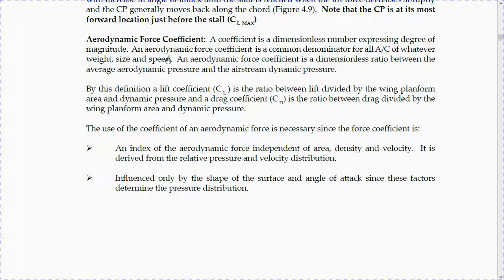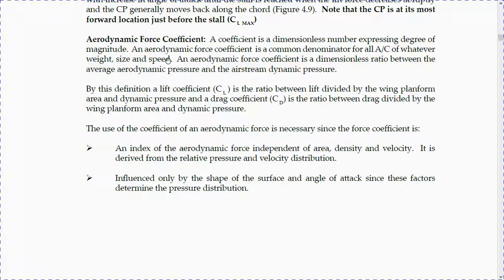An aerodynamic force coefficient is a dimensionless ratio between the average aerodynamic pressure and the airstream dynamic pressure. By this definition, a lift coefficient, CL, is the ratio between lift divided by the wing planform area and dynamic pressure.